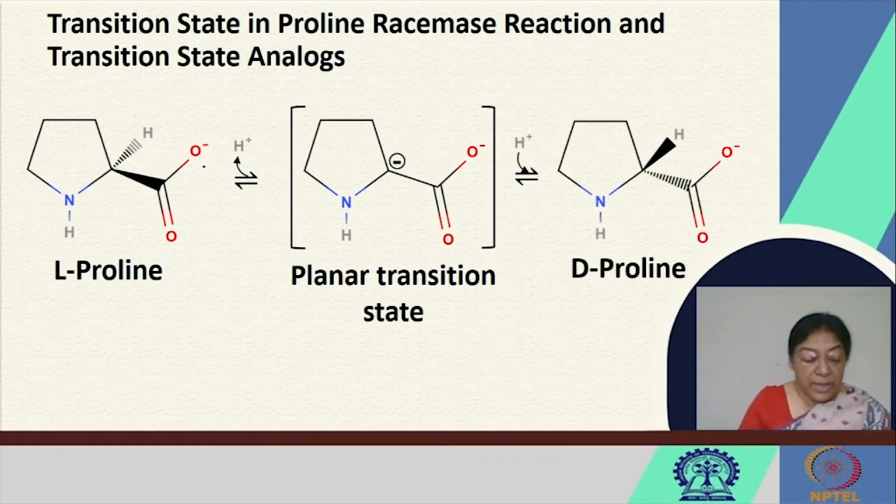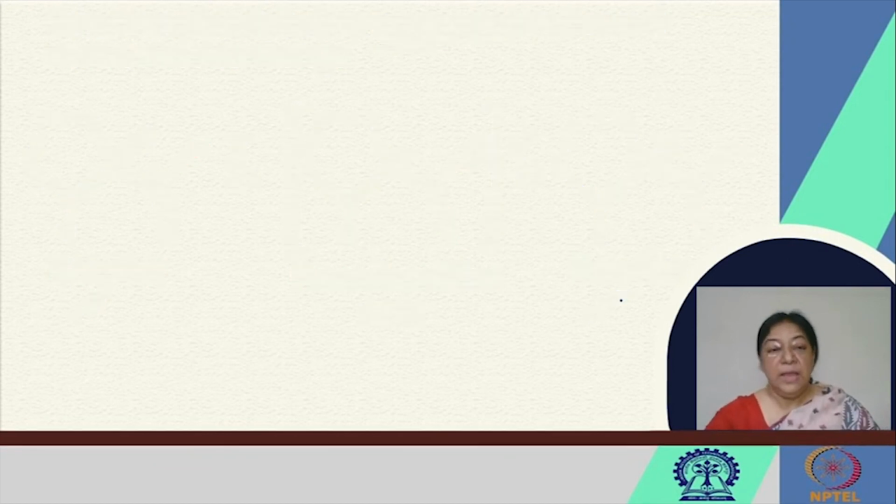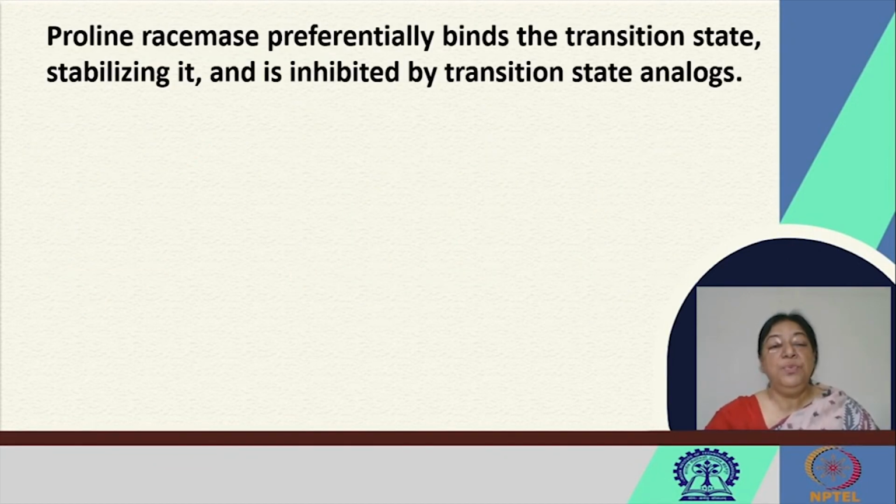So now we look at the enzyme name and we realize that we are going from L to D-proline. Now, when we look at the proline racemase, it preferentially binds to the transition state.